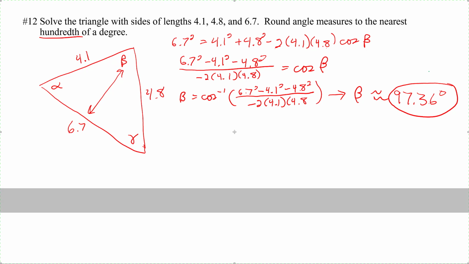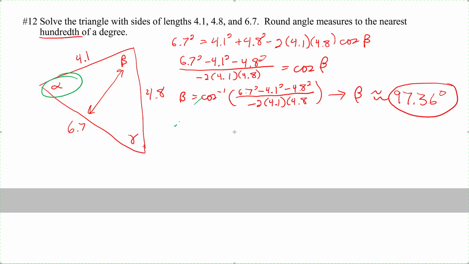And our second angle, well, now that we found beta, we could use the law of cosines again, and actually it would probably be more accurate to do so, but I'm going to go ahead and jump to using the law of sines. So for our second angle here, we'd use the law of sines, and let's see if we can find alpha next.